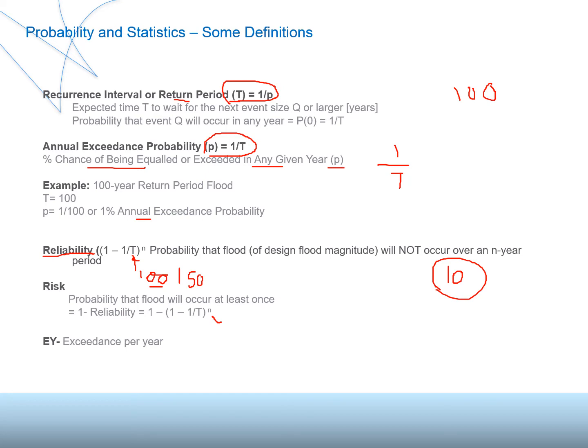You decide your return period based on the historical data of your random variable, and then you decide the use of the structure. So for how many years you want that structure to be used, and based on that you decide the n years. Okay, and from there we can calculate what is the risk. Probability of the flood occurring at least once is 1 minus reliability, which is 1 minus (1 minus 1 by T) to the power n.